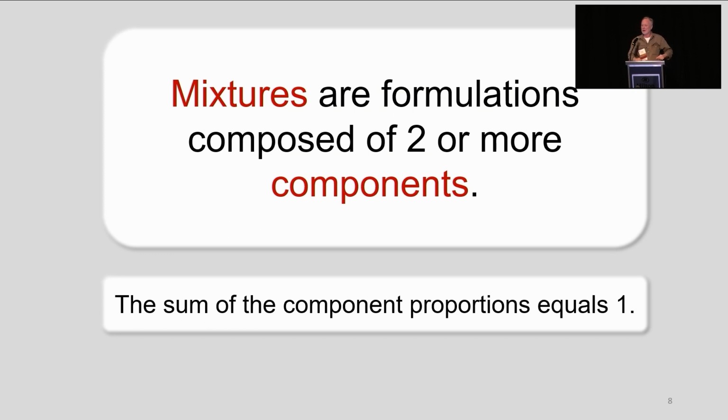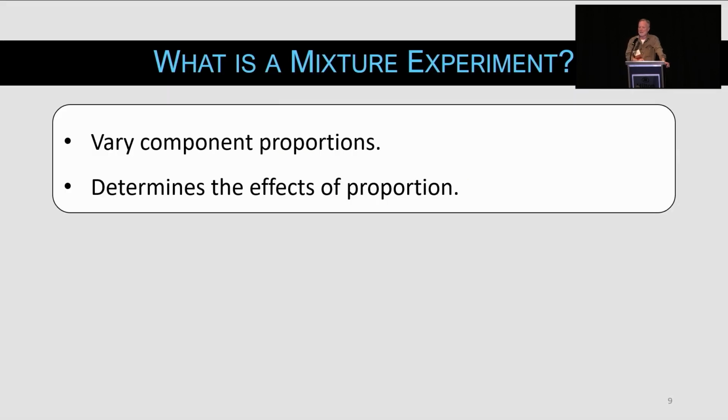So because they're proportions, no matter how many components you have in your mixture, the sum of the components is going to equal 1. So what is a mixture experiment then? Well, it's where we vary the component proportions, not the amounts. And the experiment is going to determine the effect of proportion. Again, not amount.